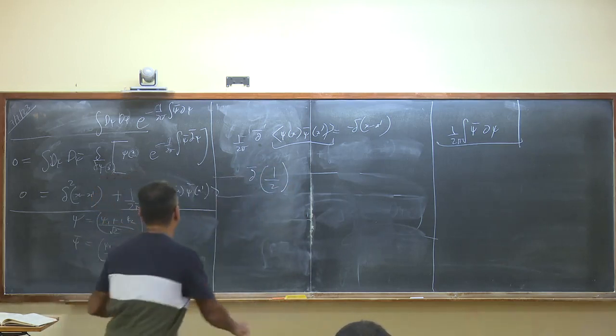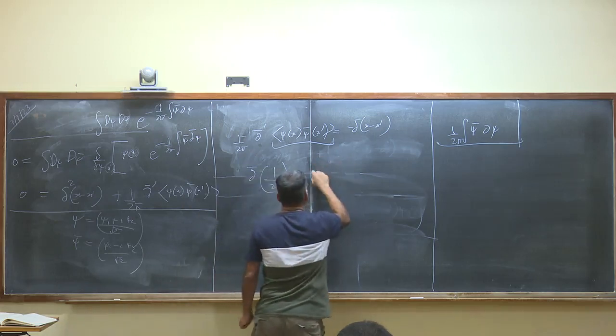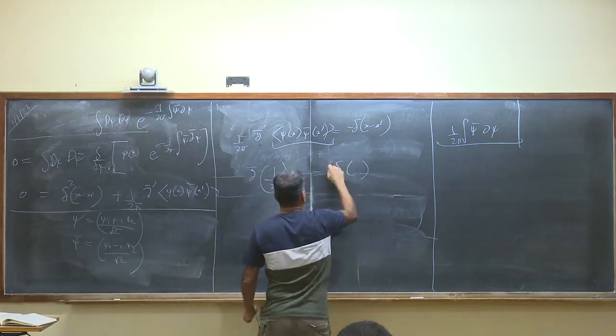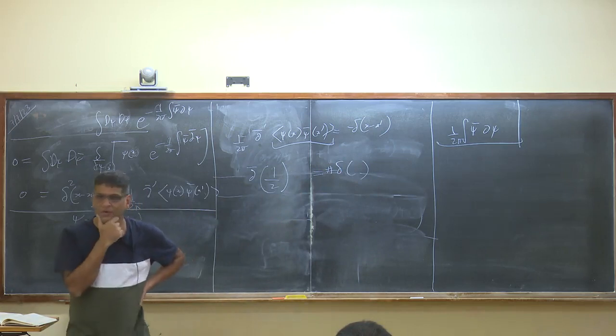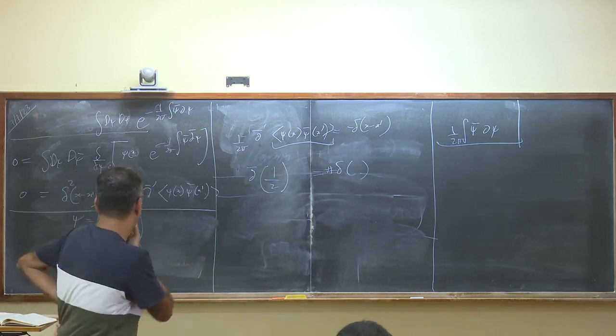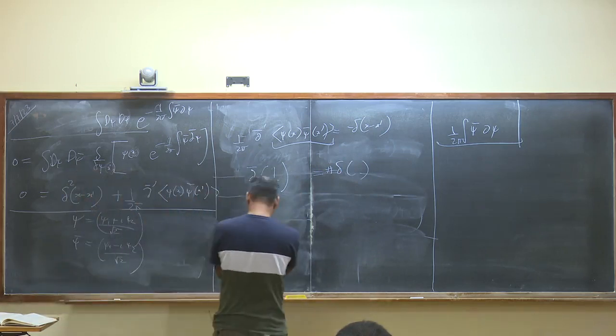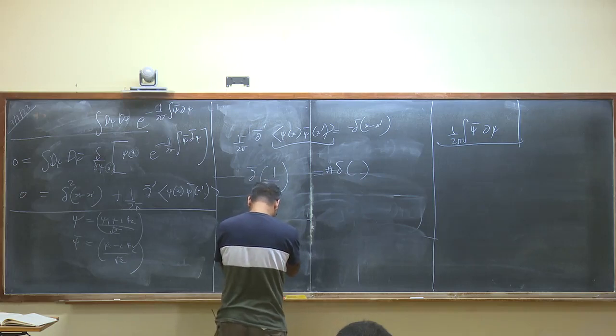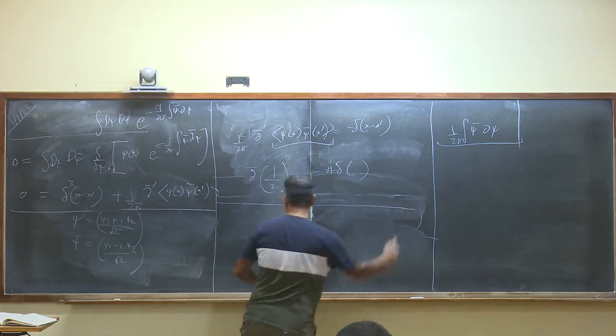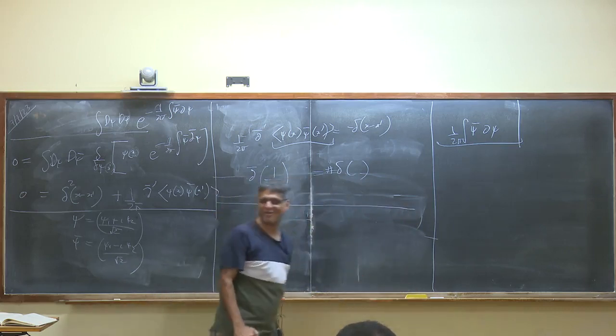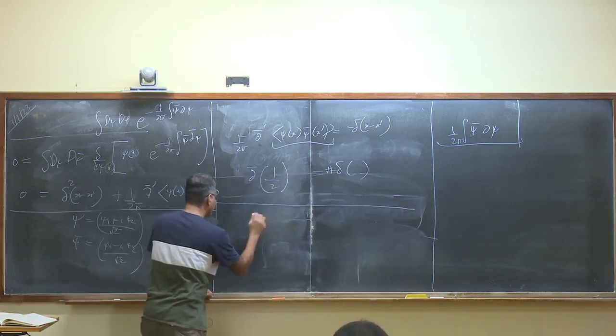Now we have to figure out delta function with what? It is a delta function with some number. With what number? One way to work this out is to remember how it worked with the log.